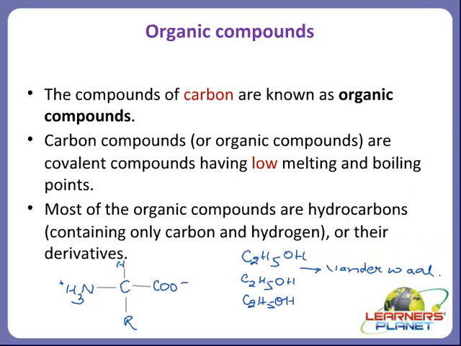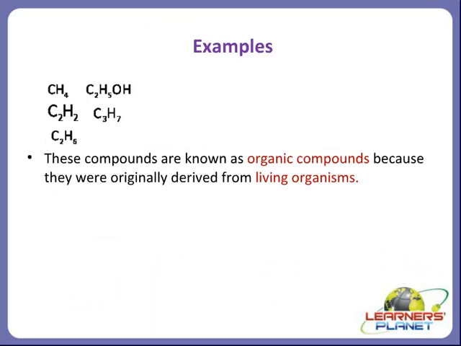Okay. Now let's see the structures or examples of hydrocarbons. This is CH4. Its name is methane. We will discuss the nomenclature later. C2H5OH. This is alcohol or ethyl alcohol. C2H2 is what?